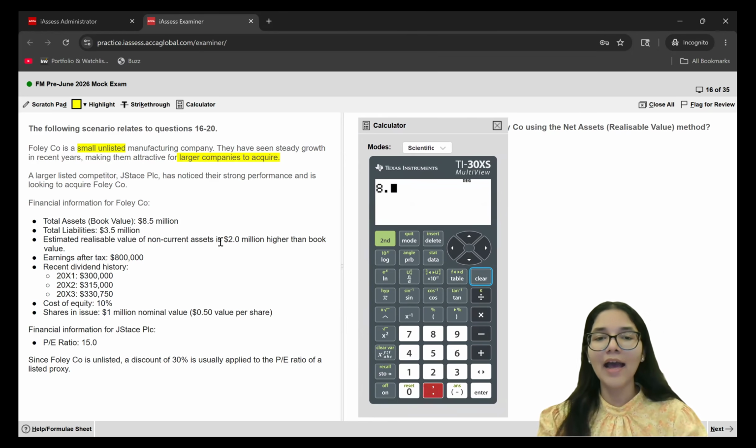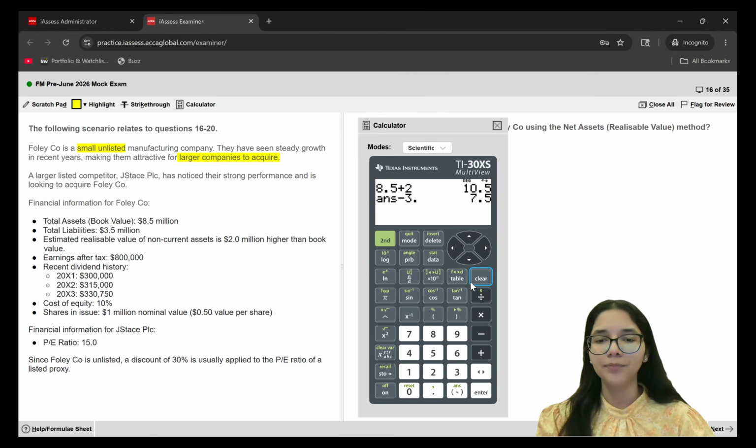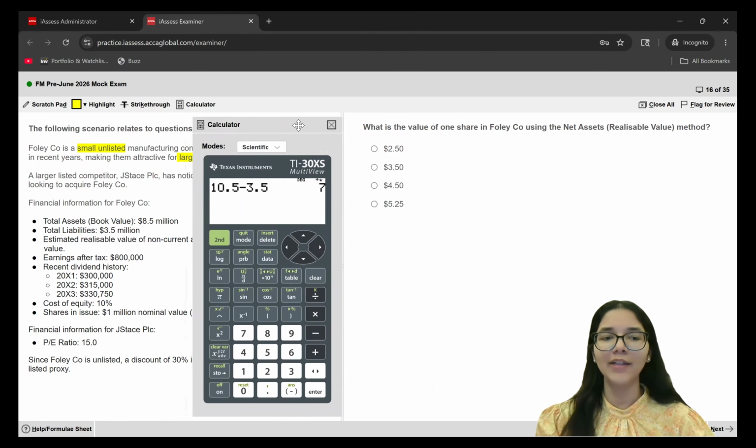So whatever I have as 8.5, my realizable value is actually 10.5. From this, I take away my liabilities worth 3.5. So this gives me my net assets using the realizable value of $7 million.